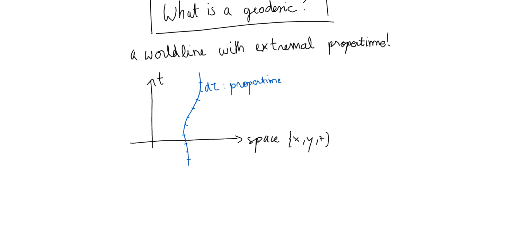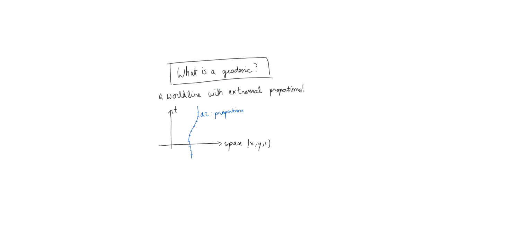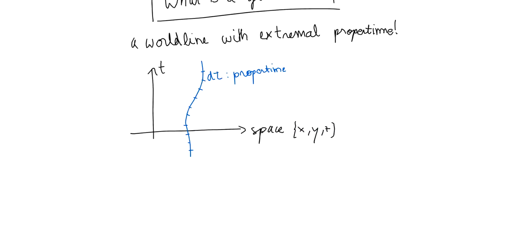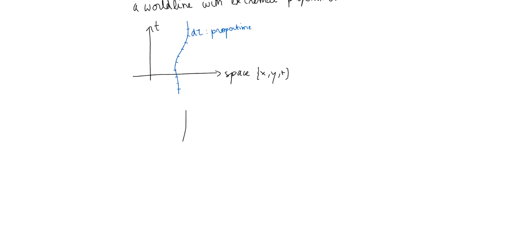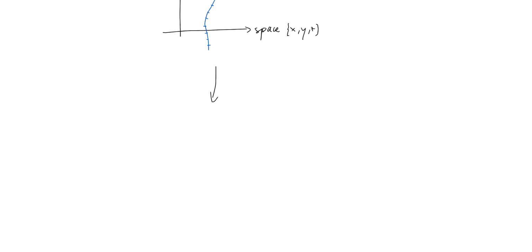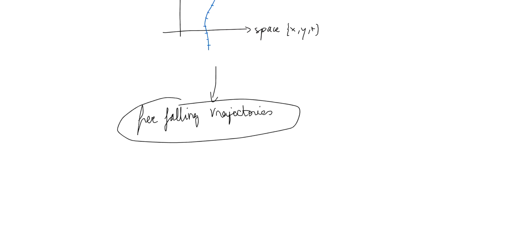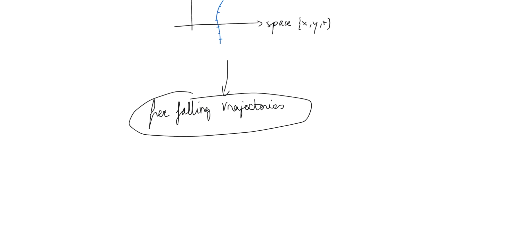Okay, so maybe we'll start with an example. Free falling trajectories are an example of geodesics. Free falling trajectories are the trajectories followed by any object that is in free fall.